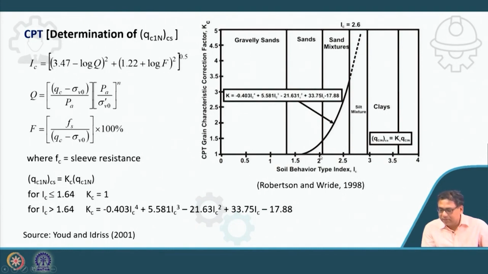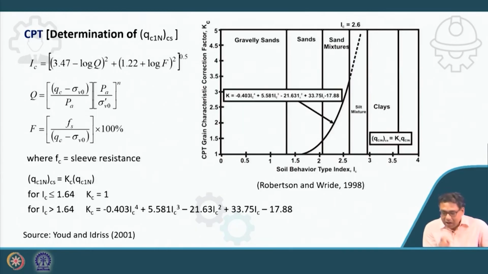If the IC value is around 1.6 or less than 2, the soil is sand or gravelly sand, it is not a mixture. So that's why Kc is equal to 1. That means it is a clean sand condition. If IC is less than 1.64, then it is a clean sand condition, no mixture. So the normalized cone resistance that I am getting is itself the clean sand normalized cone resistance.